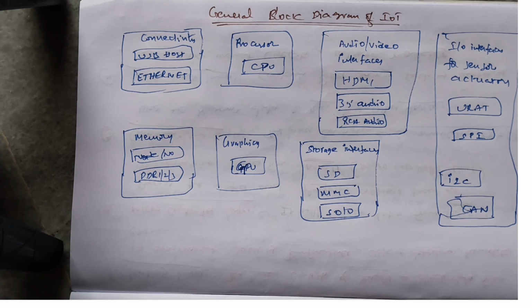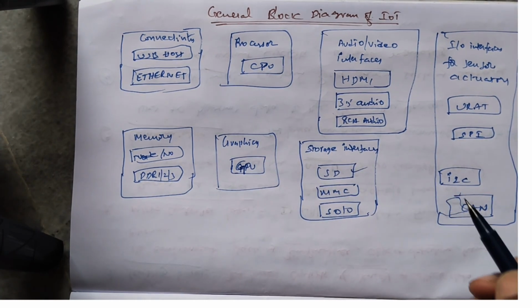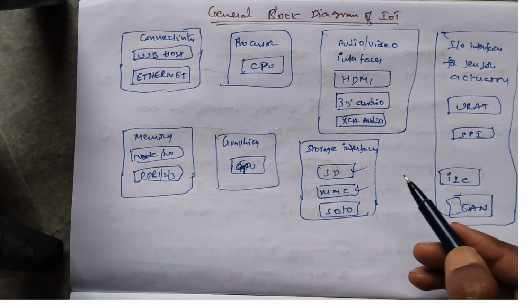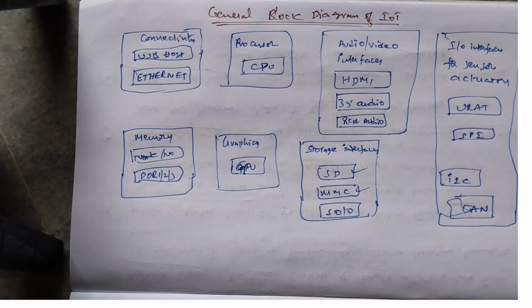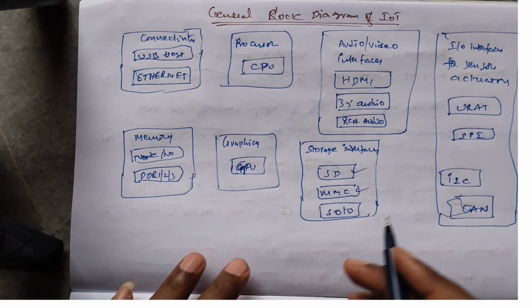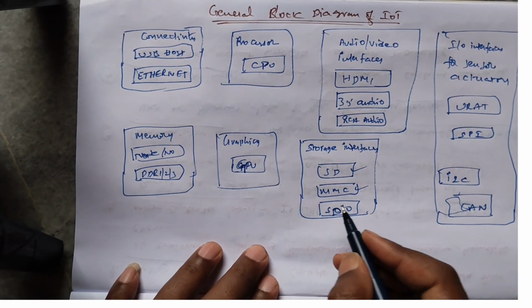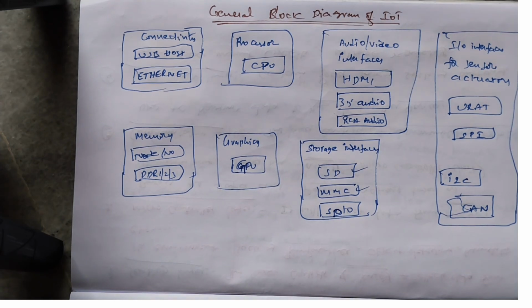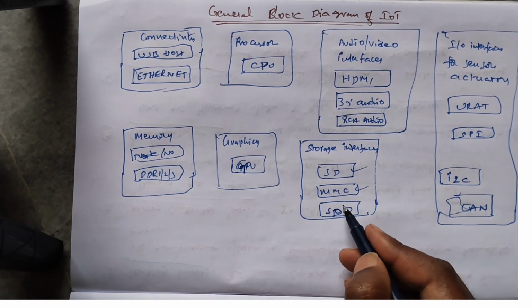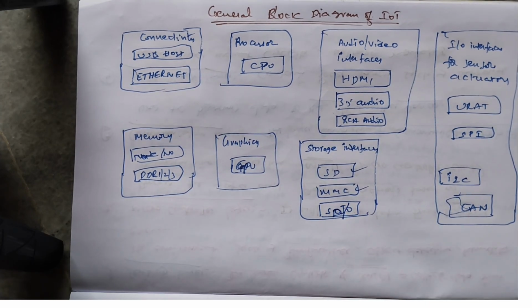Here what is SD? SD is nothing but secure digital. What is MMC? MMC is nothing but MultiMediaCard. And SDIO means secure digital input output.